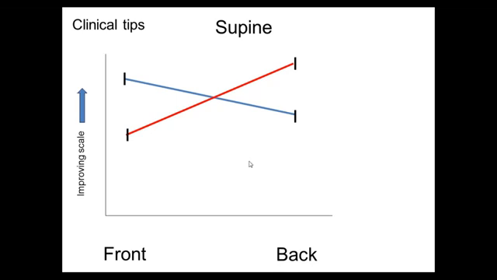The front part of the lung in neonates is more compliant and easily ventilated compared to the back of the lung. So we have a significant distance between perfusion and ventilation.